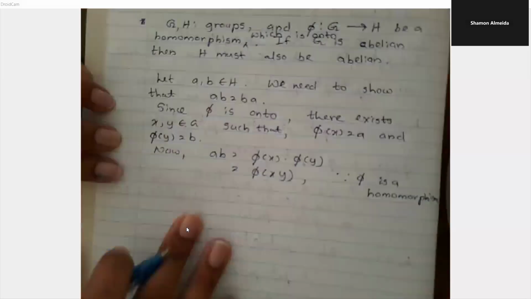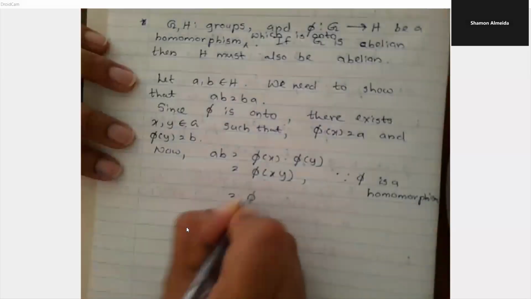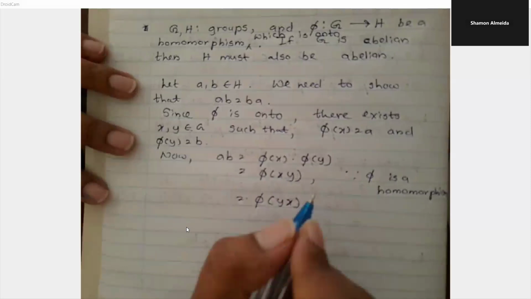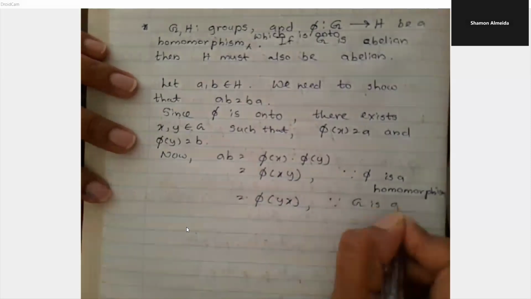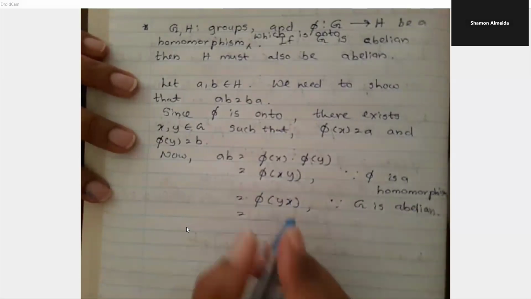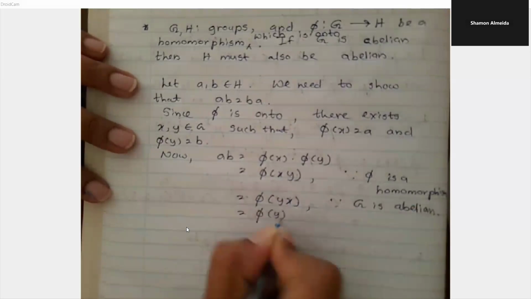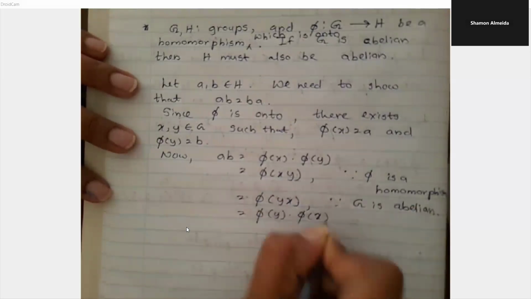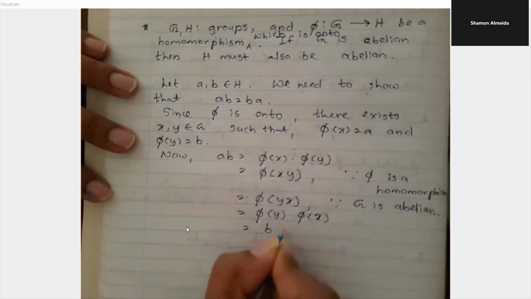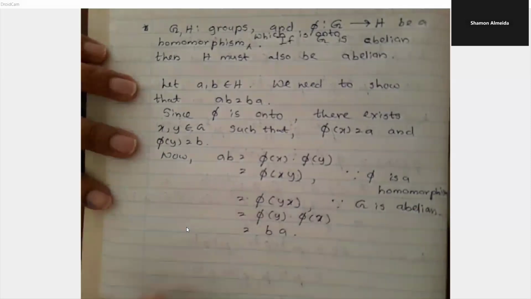Now, this is equal to phi of yx, y times x. And why is that? This is because G is an abelian group, so any two elements commute. And once again, phi is a homomorphism. So we have phi of y times phi of x. Phi of y is simply B, phi of x is A. Exactly what we wanted to show.